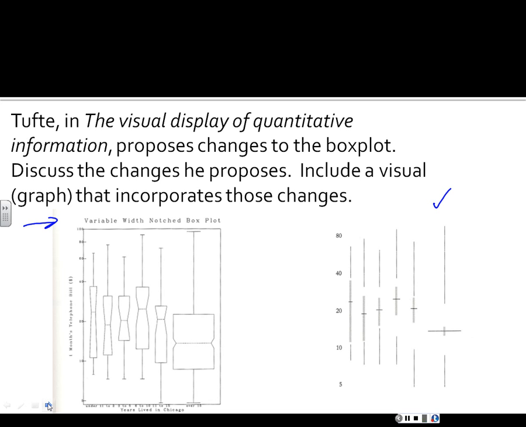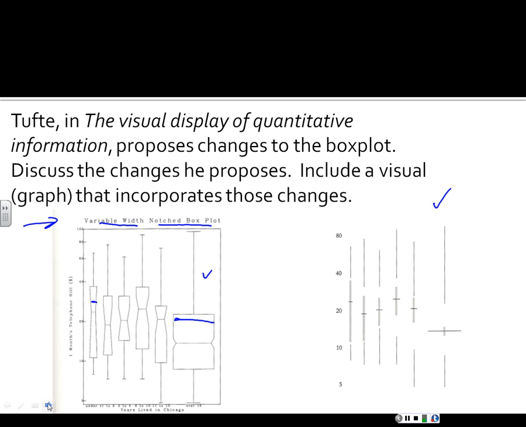This is called the variable width notched box plot. The width, that means like the width that way or this way, designates the sample size for each group. So in this one, we had a much larger sample size in this group, really, than we had in any of the other groups.